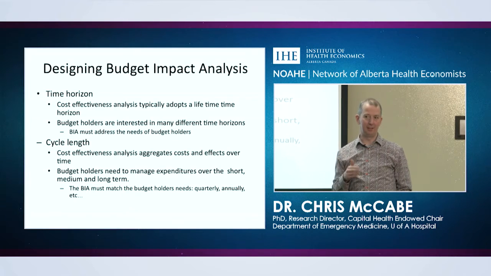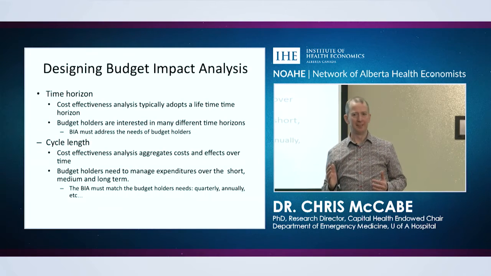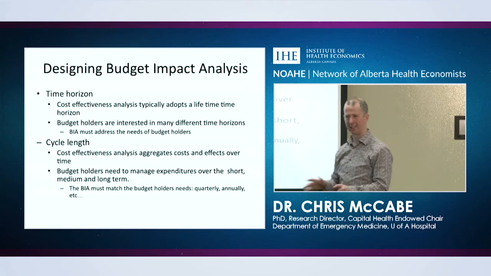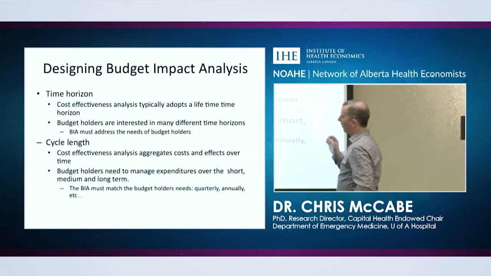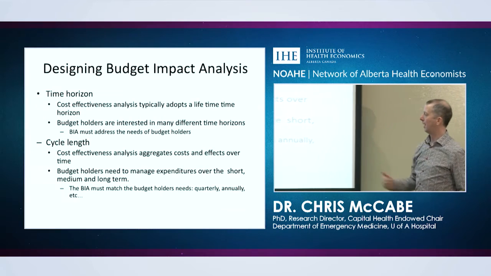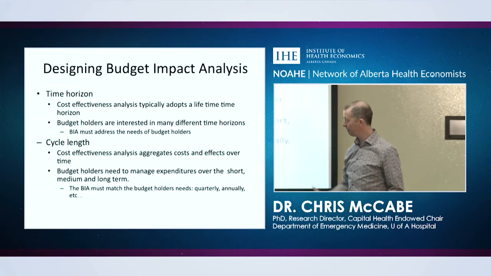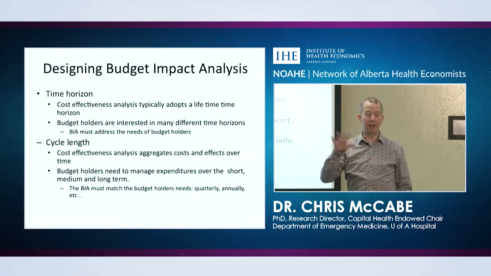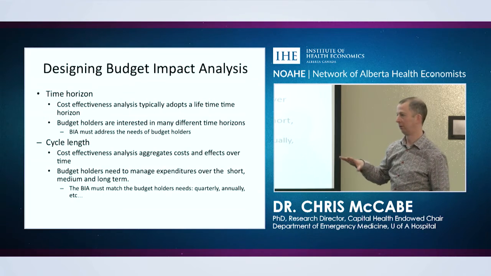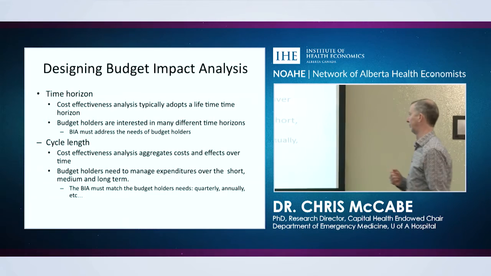They'll worry about that probably 6 to 7 years' time as they figure out how on earth do I defend my budget, because I don't want to give it up. There's other things I'd like to do for my patients. So understanding the distribution over time and the granularity of the description of that distribution over time is a really important determinant of how useful a budget impact model is.